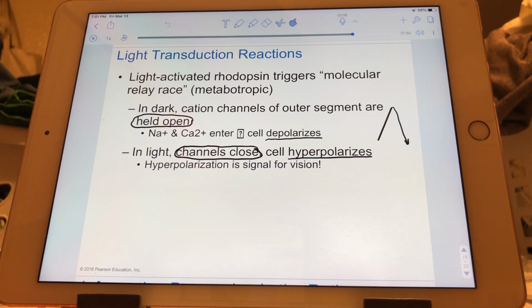And you might think, well, vision occurs when neurons are firing. Nope. The cascade that leads to vision is actually triggered by the hyperpolarization of photoreceptors. Isn't that interesting and counterintuitive? So cool. Let's go to slide 20.